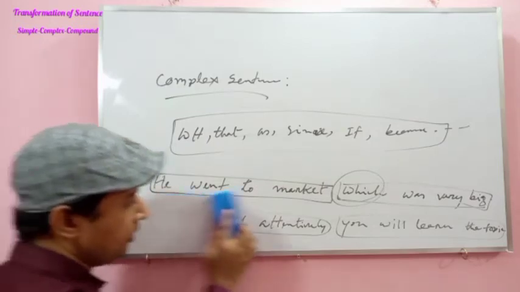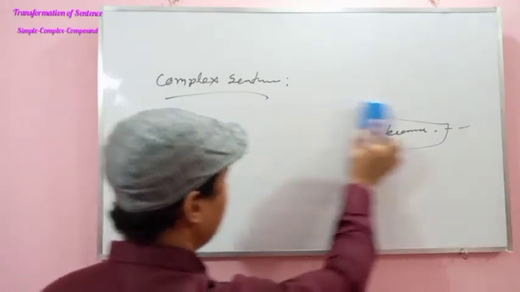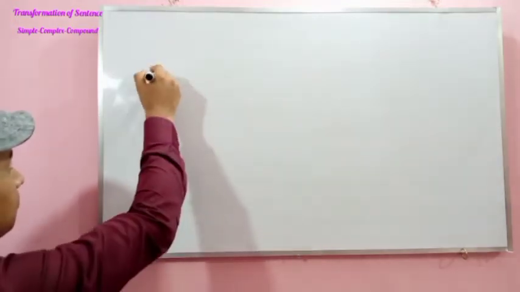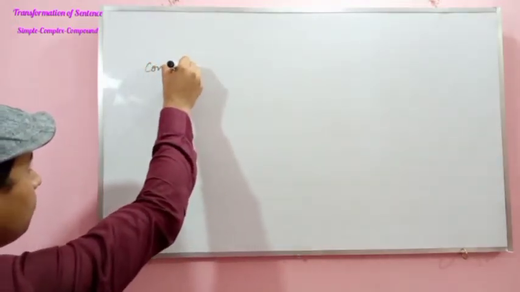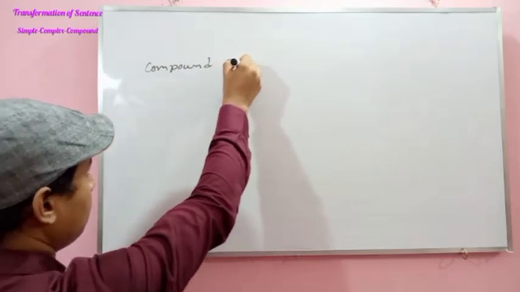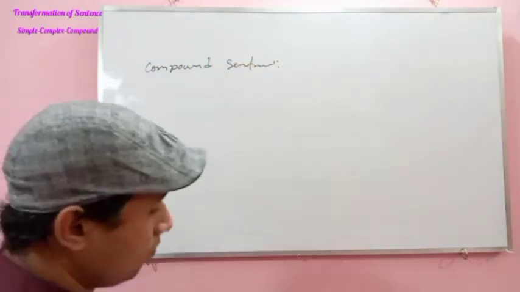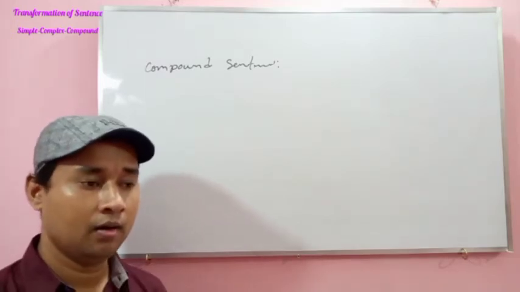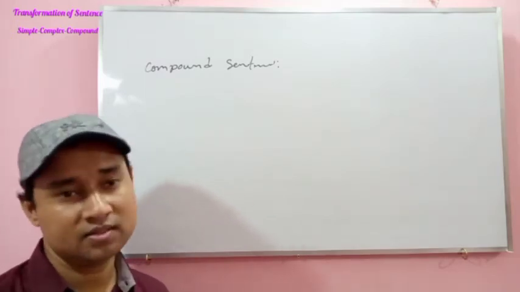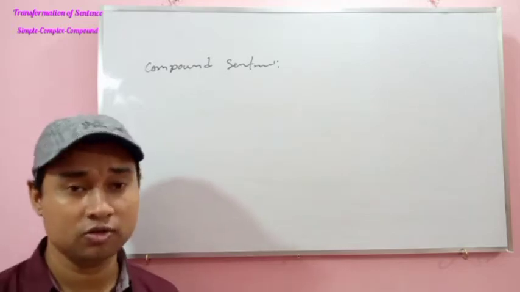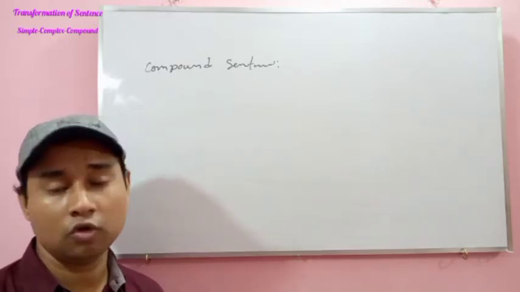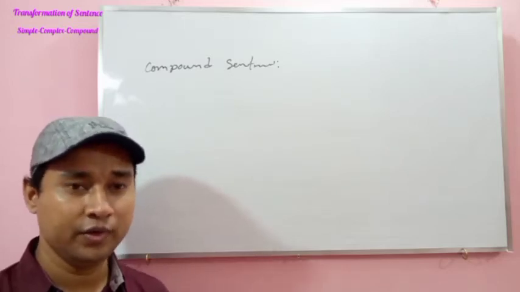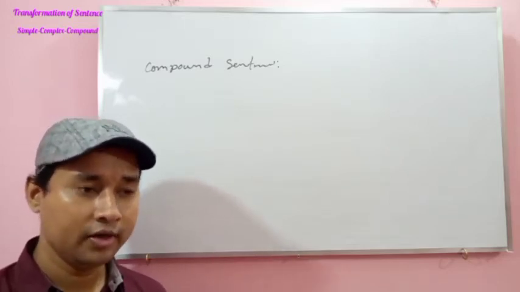Okay, now I will discuss the compound sentence. I have already told that, like a complex sentence, a compound sentence also has a minimum of two clauses, and these two clauses are joined with a coordinating conjunction.